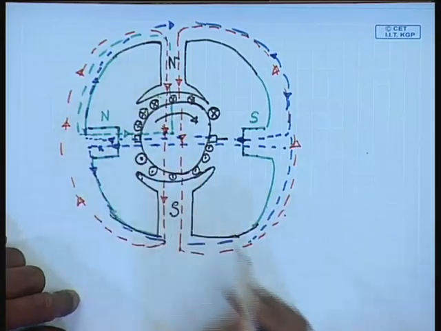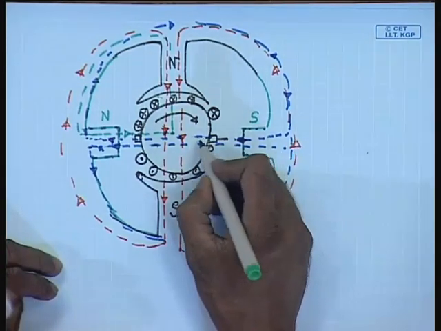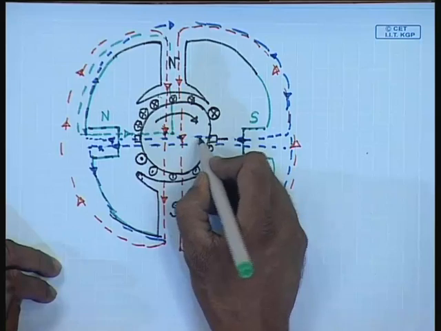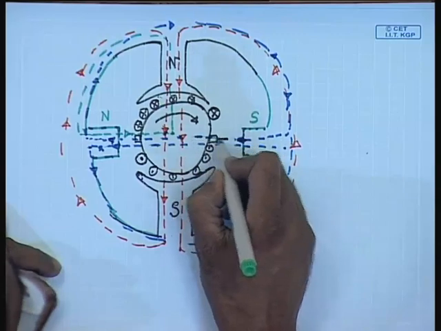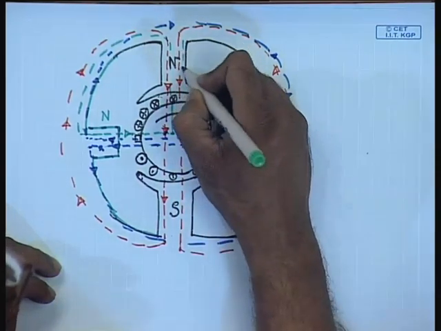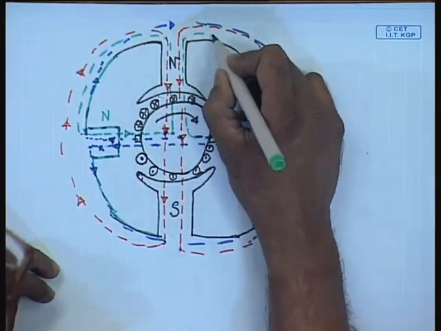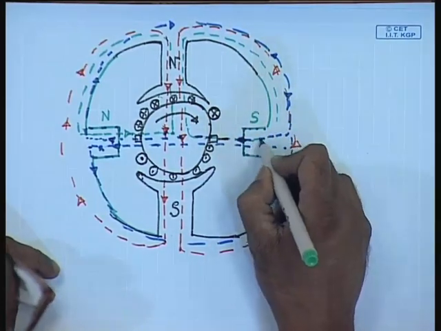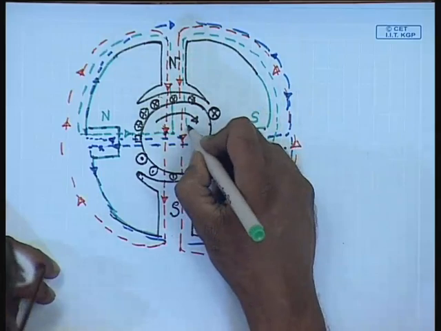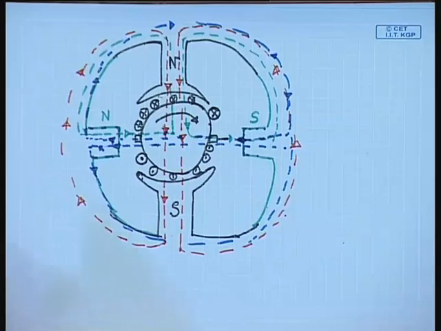Not only will it cancel the armature reaction flux, but it will also produce a flux which will generate a voltage in the coil undergoing commutation of the polarity that it will have under the pole ahead in the generating mode, which will assist commutation. So, these are called interpoles.